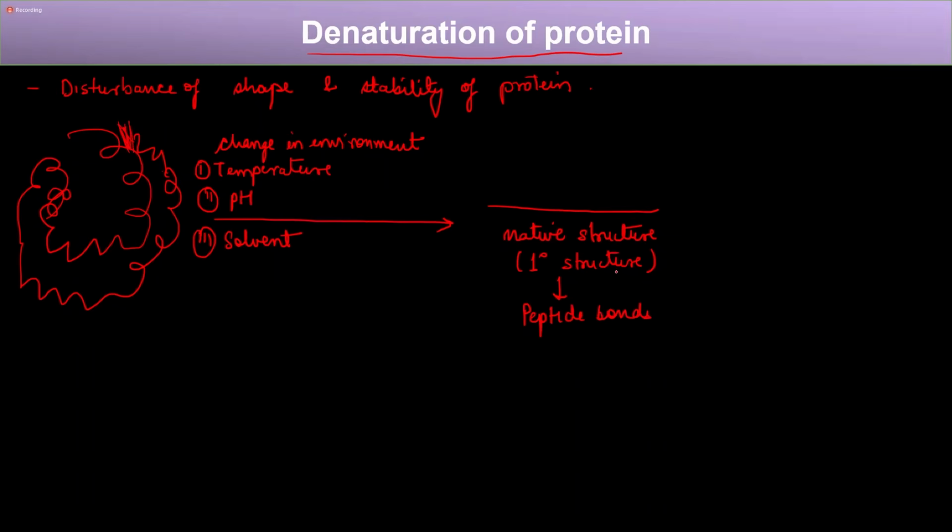Now the protein that was in the tertiary structure was able to perform a certain function, but due to the change in the environment, such as temperature, pH, and solvent, it comes to this native structure. So it won't be able to perform its function, right? So what will it lead to?